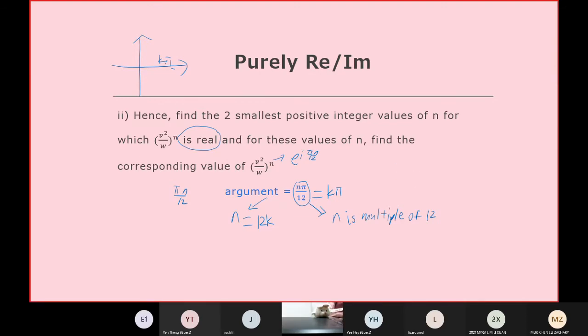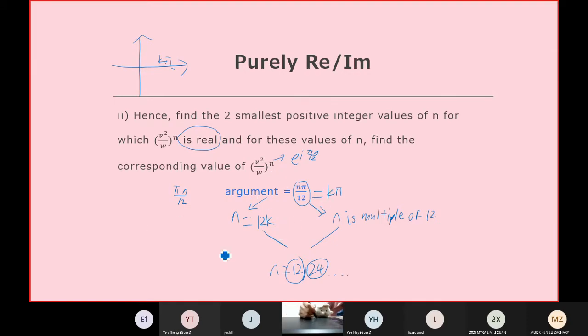Either way, just keep substituting integer values of k, because k must be an integer, otherwise you won't get real. So you get n equals 12, 24, 36, and so on. We're only interested in the two smallest positive integers, hence we get 12 and 24, so k equals 1 and 2.